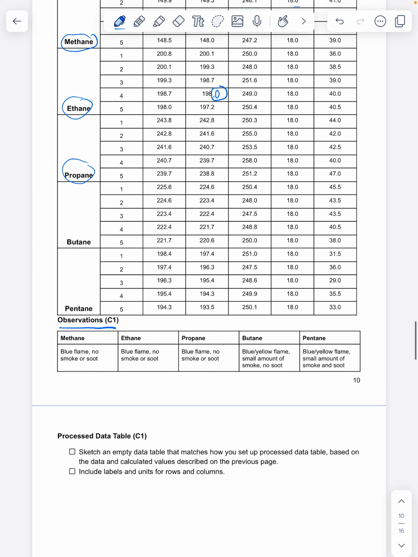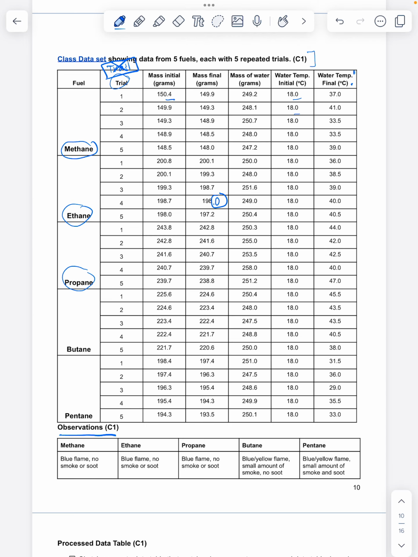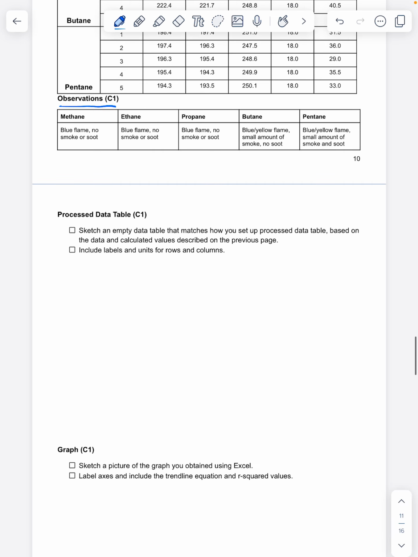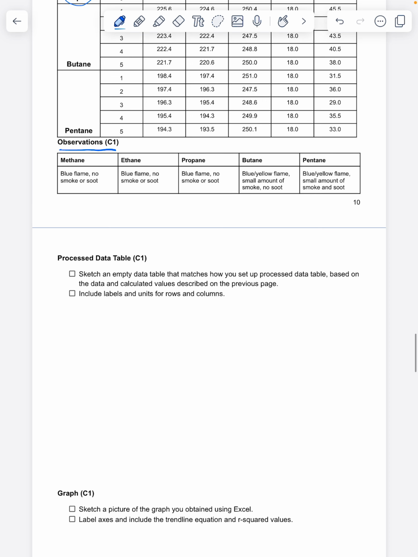You should be doing sample calculations. So after you have all this data, I know that we went through using spreadsheets to make your life easier and to do a lot of these calculations, but you still need to show evidence that you know how to do each of the calculations by hand as needed. So before a process data table, there would be a section in your lab report where you show sample calculations.